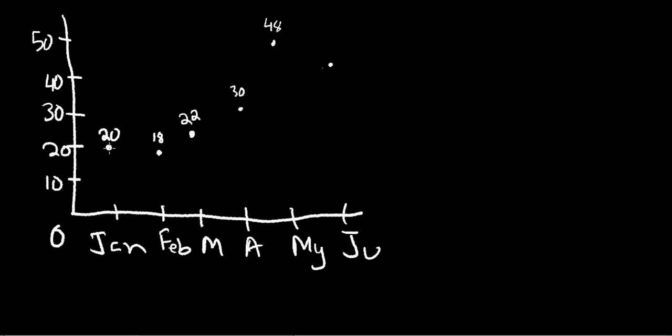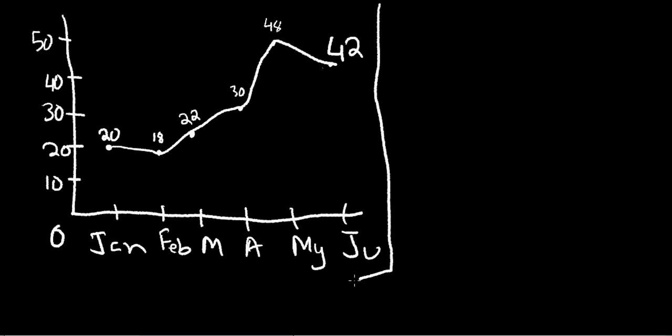So let's draw this graph. Hopefully you can see. Actually I forgot to give the labels. This is the number of cars, and this is cars sold per month.